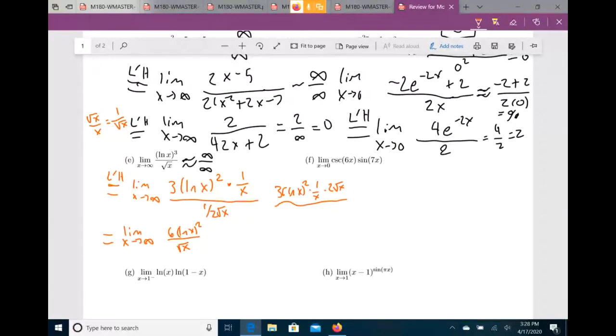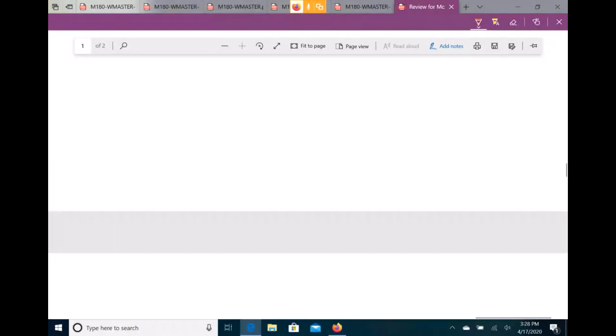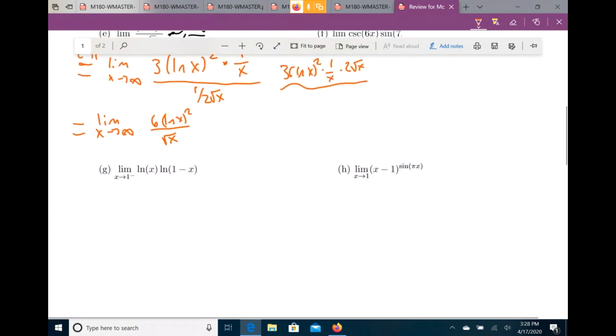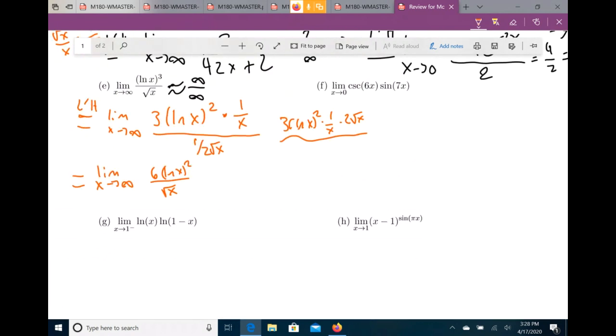All right, so what does it say inside parentheses? ln of x. Yeah. All right, so then we do the same thing. Okay, and we're back. So we get infinity over infinity again, basically.